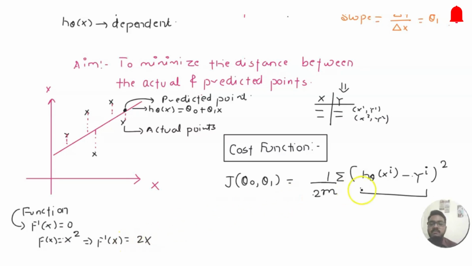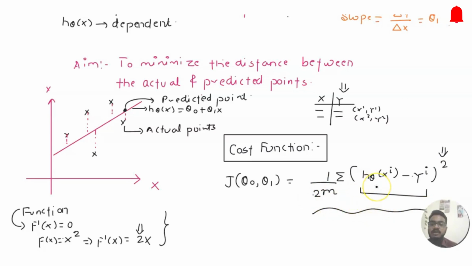The reason behind dividing by 2 is to cancel this factor 2, which simplifies our calculation. Because if we take the derivative of J of theta naught, theta 1, 2 will be in front from the power. And to cancel that 2, we are dividing by 2 here. So that is the reason.